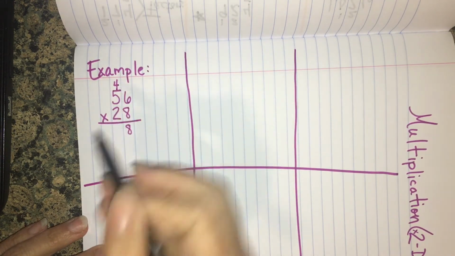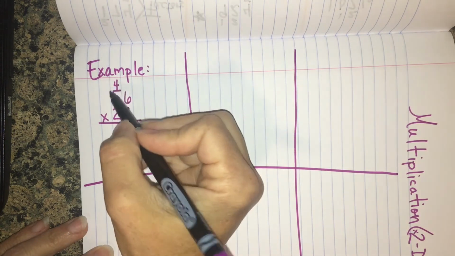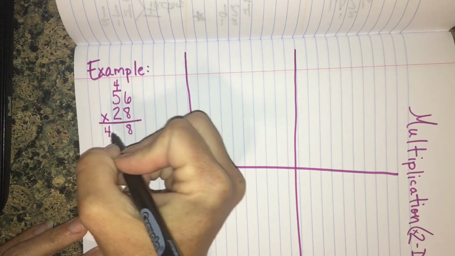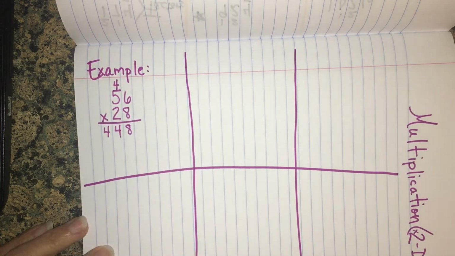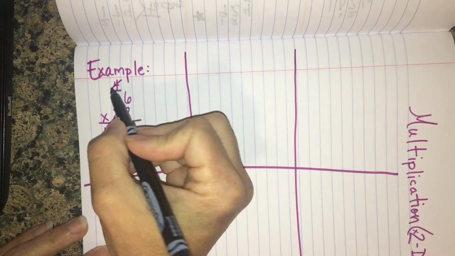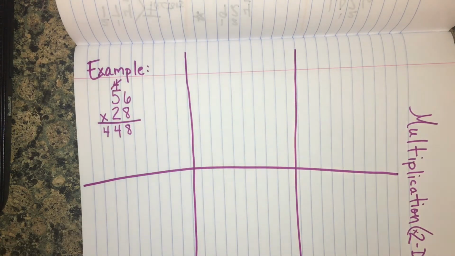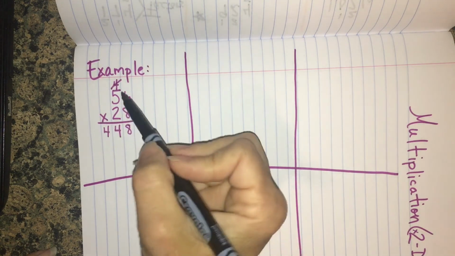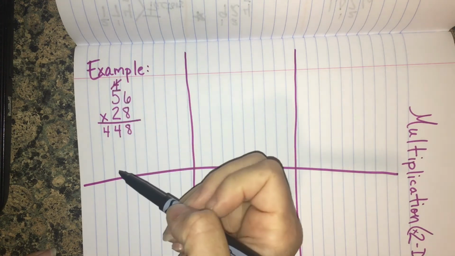Then you're going to do 8 times 5, which is 40, plus 4, which is 44. Now I'm going to cross off the 4 because I'm going to probably have to put another number up there in a minute, and I don't want to get confused and add this 4 2 times.